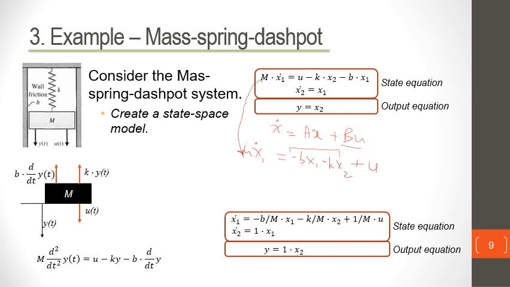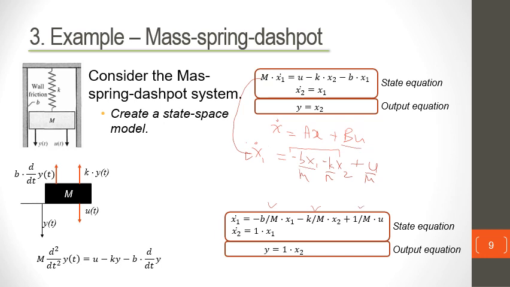Now, if we divide by m on all sides, the m on this side will cancel. Then the first differential equation is x1 dot is equal to minus b divided by m, minus k divided by m times x2, plus 1 over m times u.